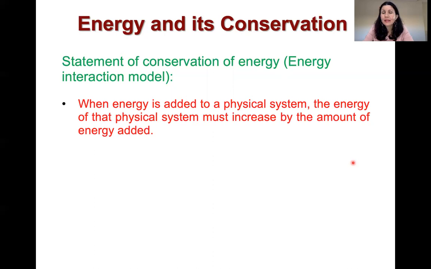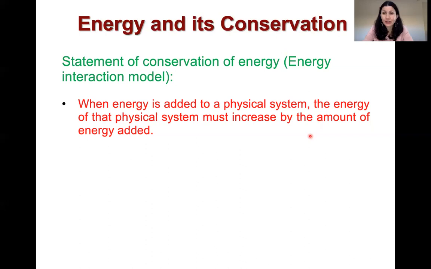So what's the main idea? When we have some physical system and we add some amount of energy to that physical system, where can that energy go? Energy conservation tells us that the only place that energy can go is into that physical system. So the energy of that physical system must increase by the same amount that we have added.